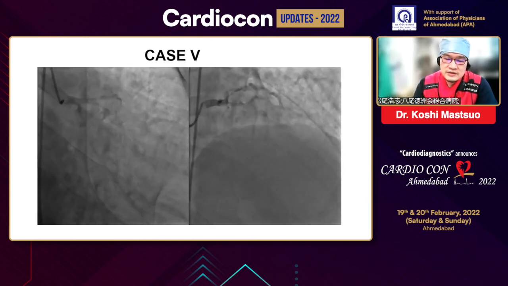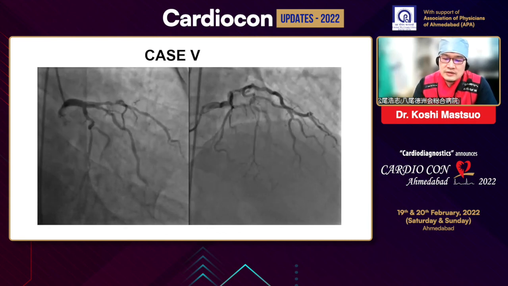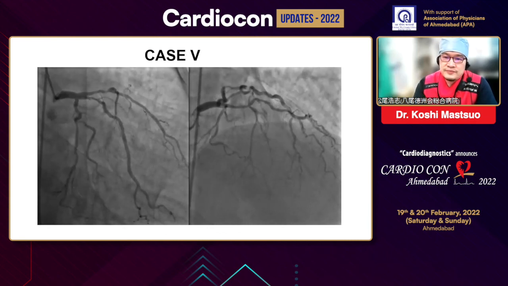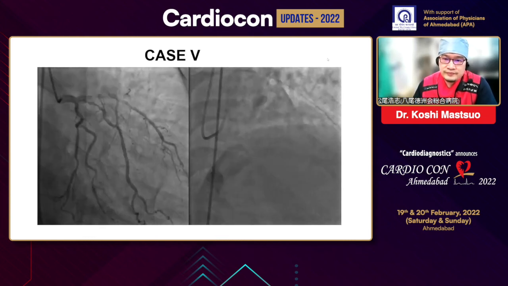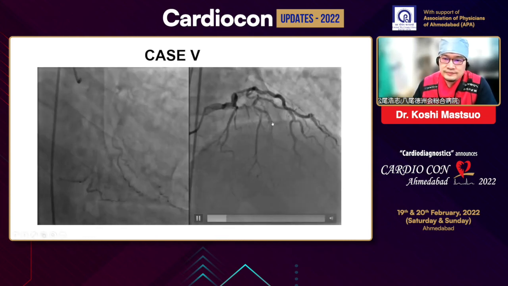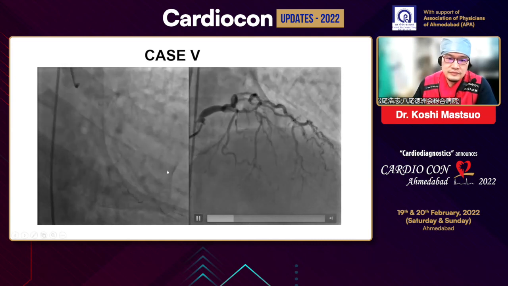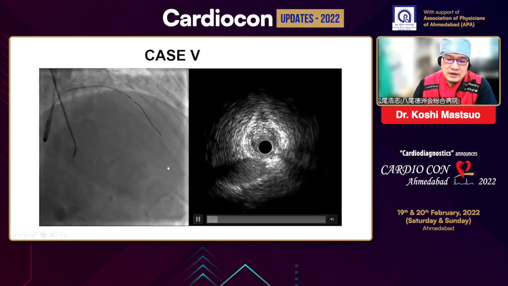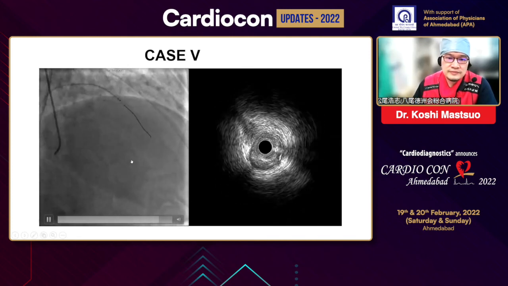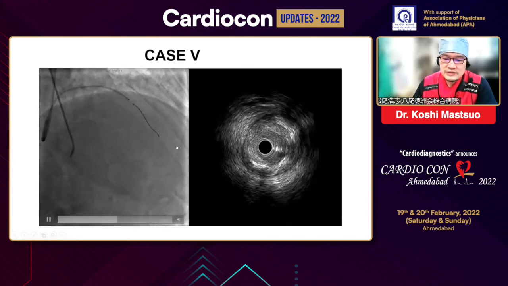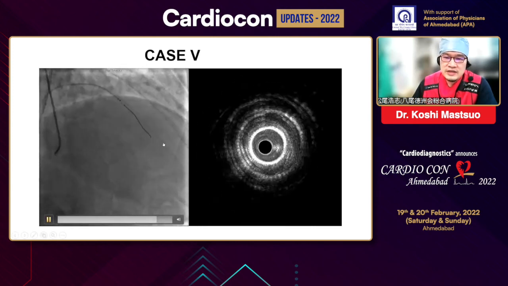This is an LAD CTO case. I could not see a microchannel inside of the CTO region. I used Gaia first, but I felt some resistance around the distal LAD.